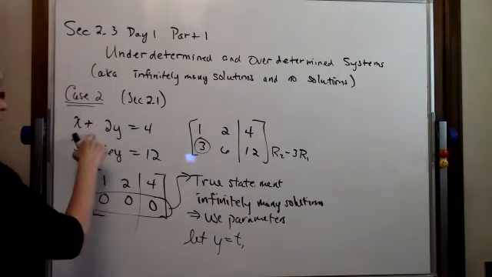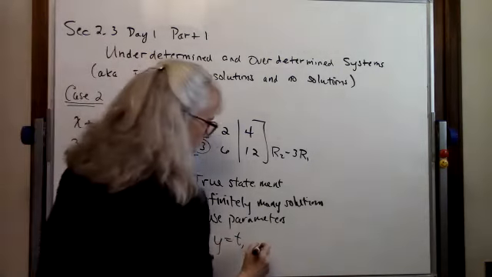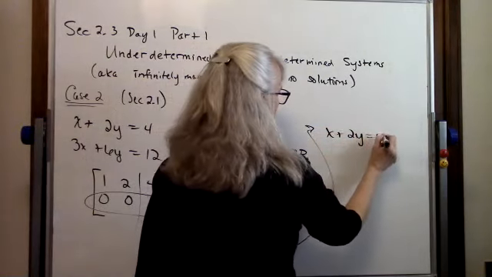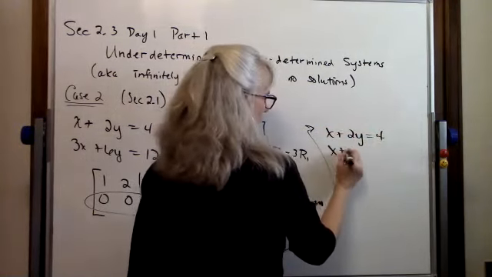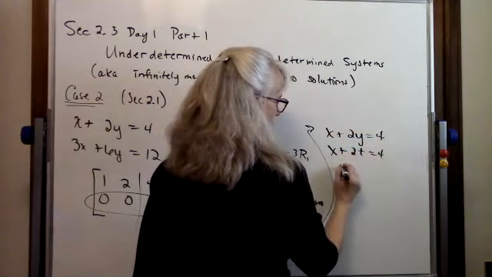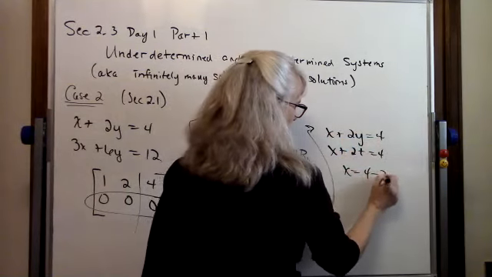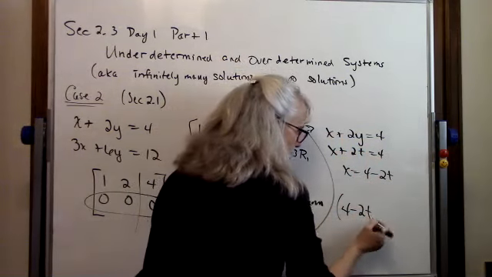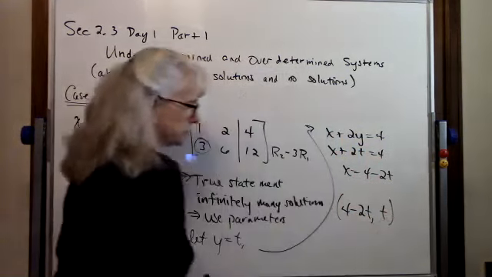So I'll pick off the top equation. That would have been x plus 2y is equal to 4, but we now know that y is a t. So x is going to be equal to 4 minus 2t. So our solution would be 4 minus 2t, comma t.